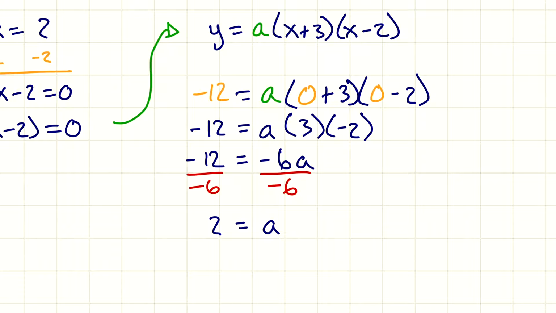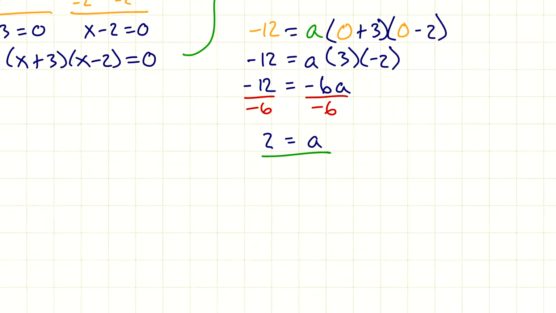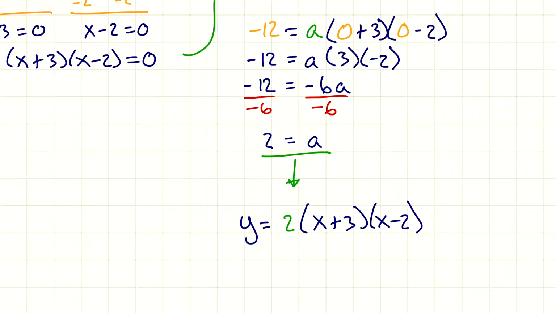All right, now we figured out what a is, which is exactly what we were looking for. So what I'm going to do is take that, and we're going to finish our equation. y equals, I'm going to put 2 times x plus 3 times x minus 2.